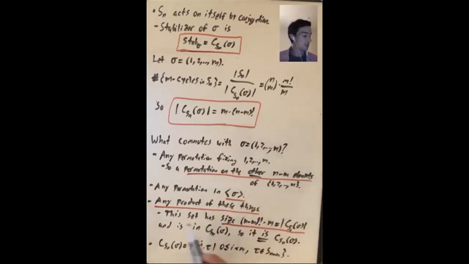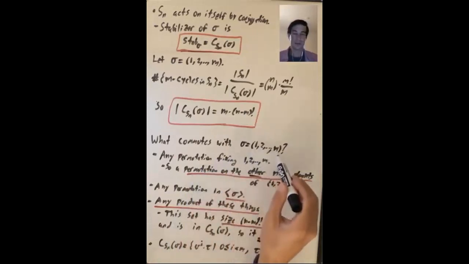So the total size of this set of products is (n minus m) factorial times m. We found that many elements in the centralizer, but that is the size of the centralizer. So if we found a set of this size that's in the centralizer, there can't be anything else in the centralizer.